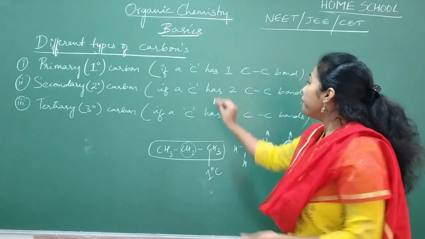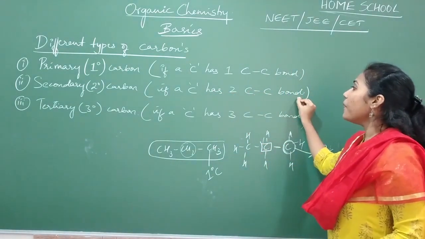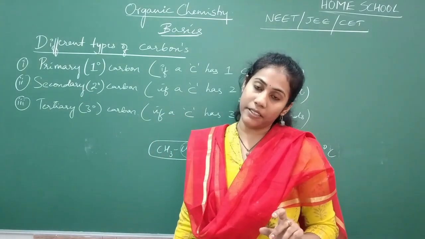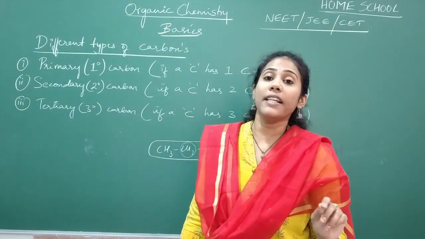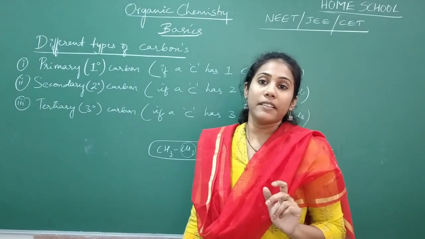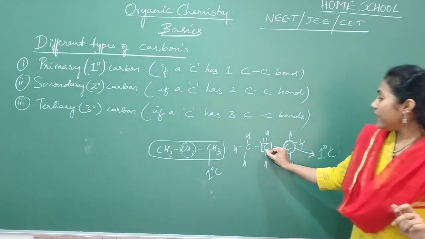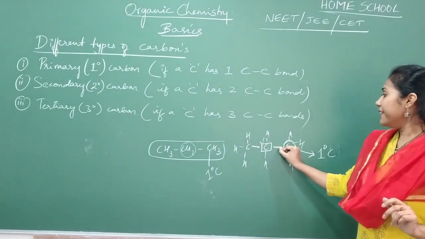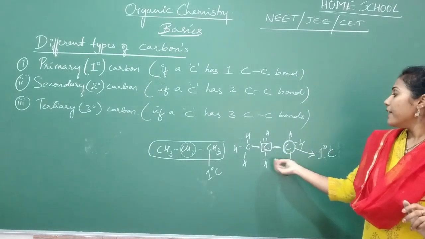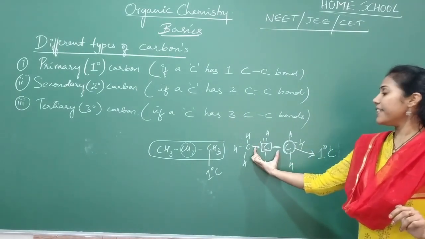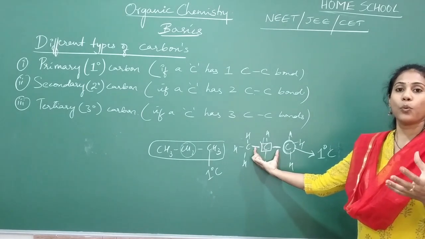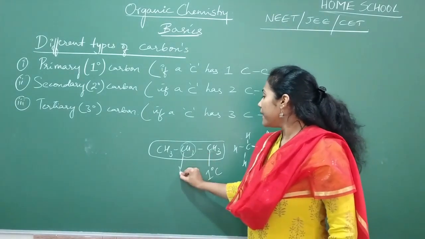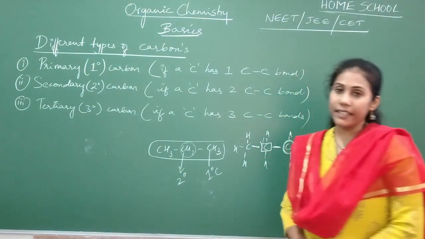If a carbon has 2 C-C bonds, we will call it a secondary carbon. This particular carbon has one bond with this C, another bond with this C, so it has 2 C-C bonds, 2 bonds with adjacent carbons.